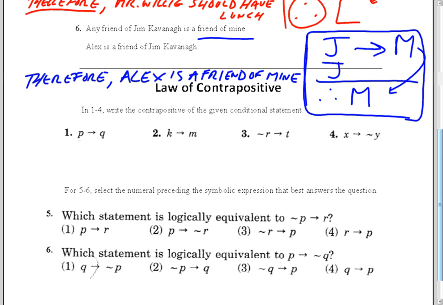Law of contrapositive, you could show this a couple different ways. You could do one bar, therefore, and show the switching and the negation all in one step. Or you could put the negation of the second one, which in this case would be M, followed by the negation of the first one. How many people did it this way? Anybody do it this way? Okay.